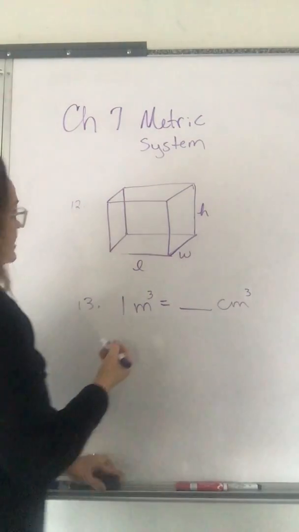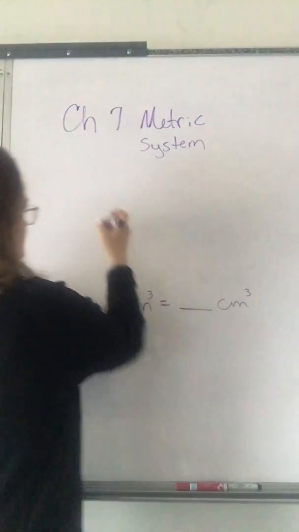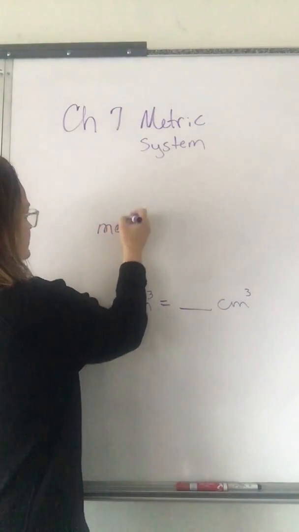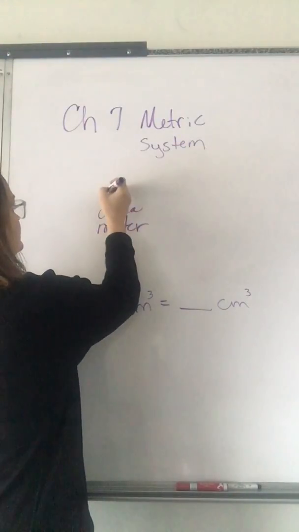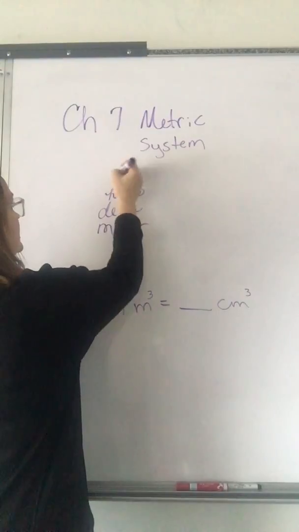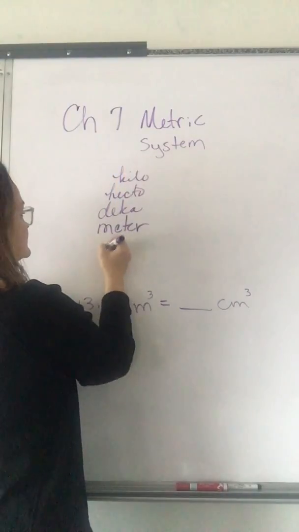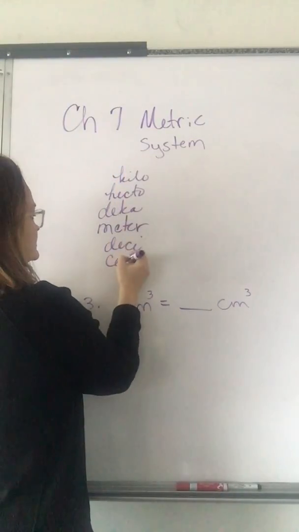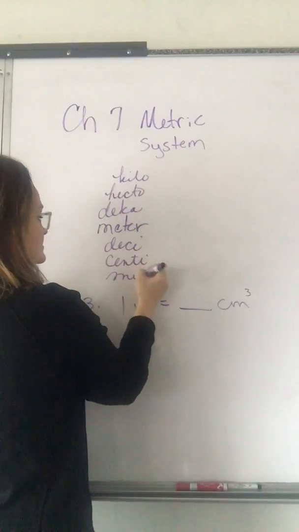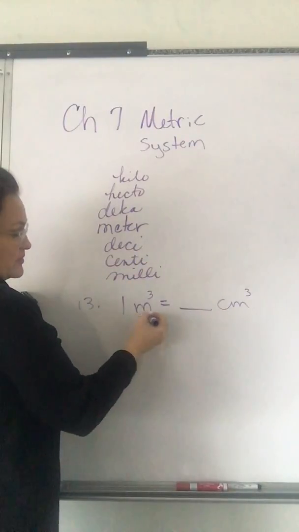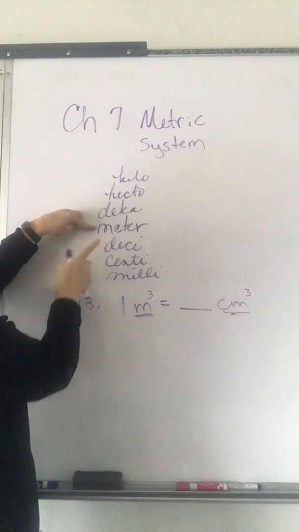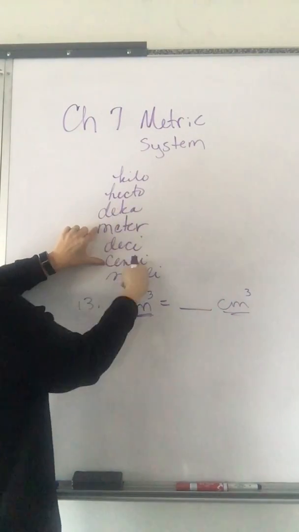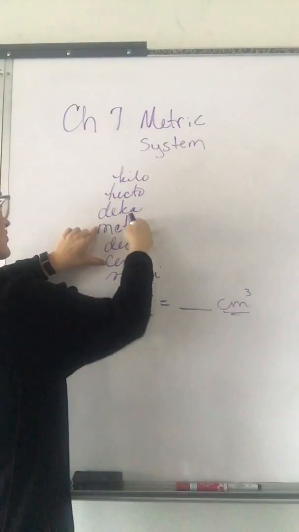So again, let me remind you of your scale. We've got our basic unit, meter, liter, and gram. And then we've got deca, hecto, and kilo. Down the scale, we have deci, centi, and milli. So if we're converting from cubic meters to cubic centimeters, we start at meter, it's 2 down to go to centi, down means go right, and you triple that.